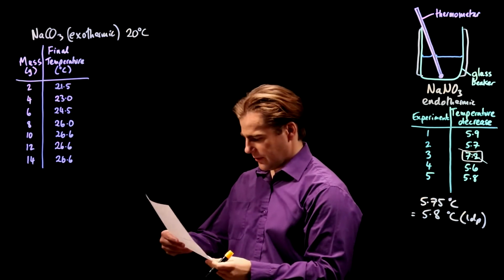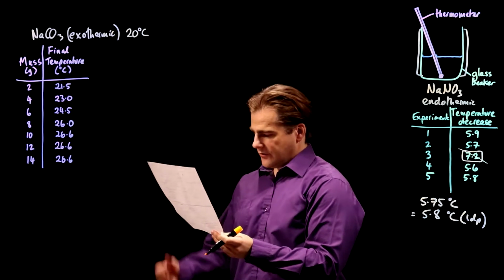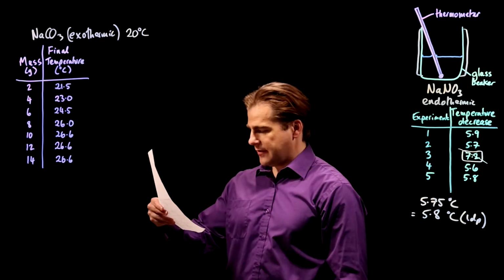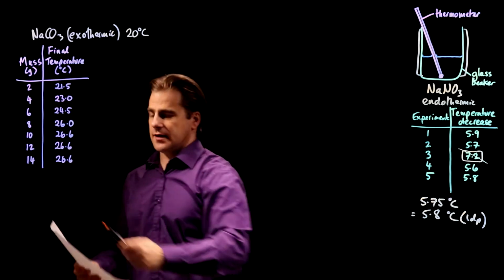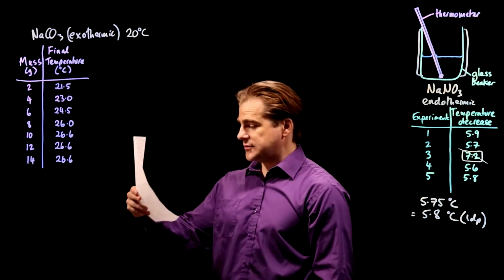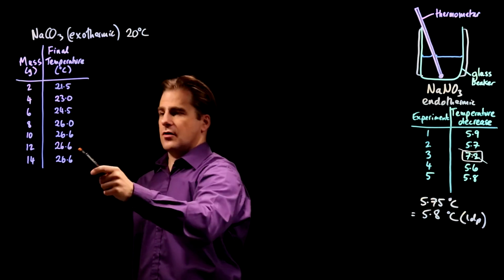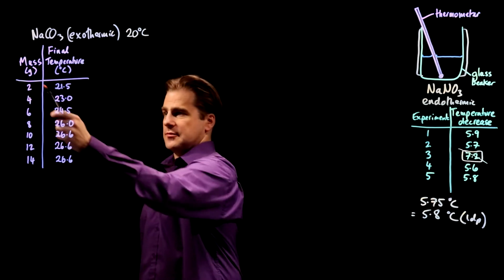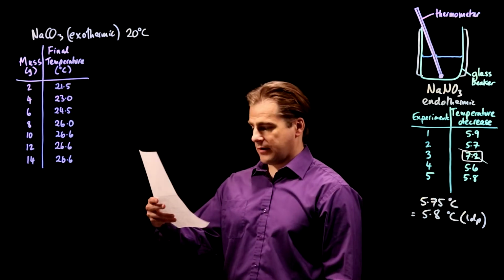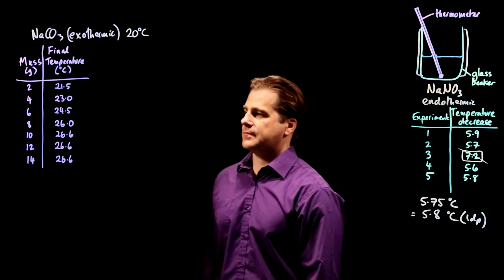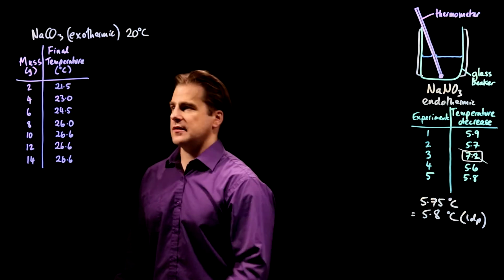Okay, what do we have to do? We have to describe the relationship between the mass of sodium carbonate added, so they add these different masses here, and the final temperature of the solution, this column. So we have to describe the relationship between this column and this column for 3 marks. Okay, well, what do we notice?